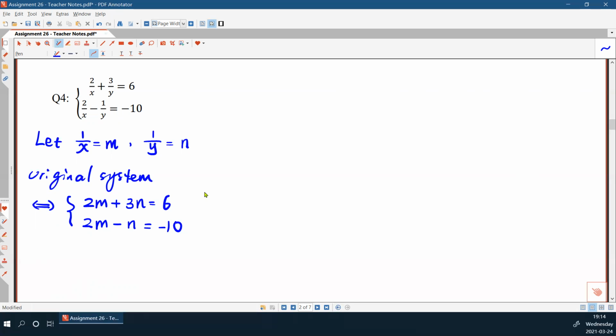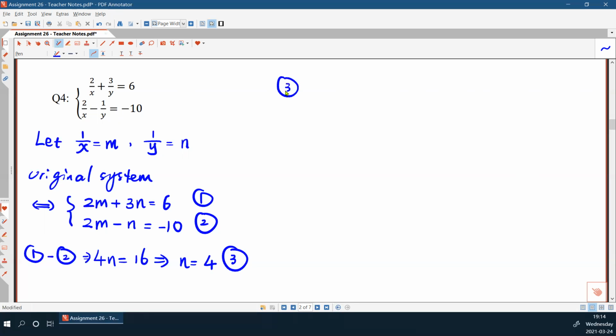Okay, in order to solve it, let's label this with 1 and 2. We can use equation 1 subtracted by equation 2, and this will give us 4n equals 16, right? Okay, that means n is 4. Let's say this is 3.